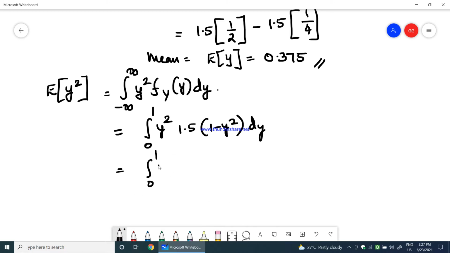So it is 1.5 times integration of y square dy, minus integration from 0 to 1 of 1.5 times y to the power of 4 dy, because y square into y square is y to the power of 4.